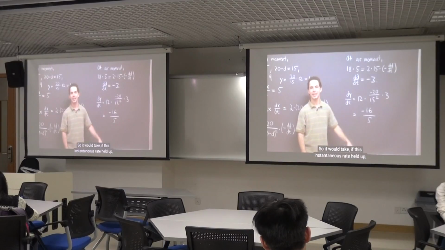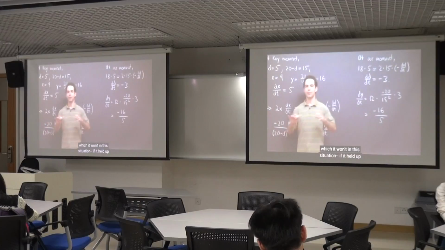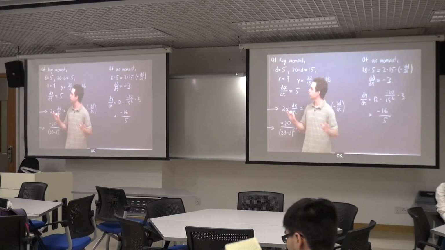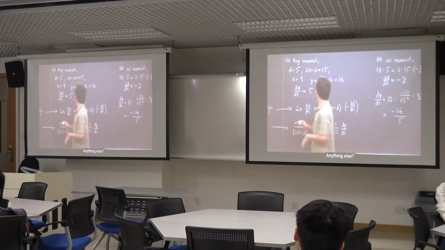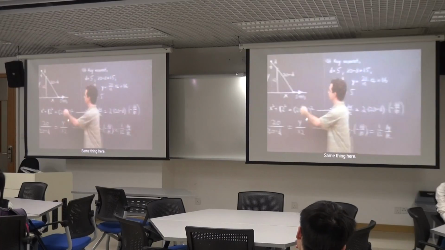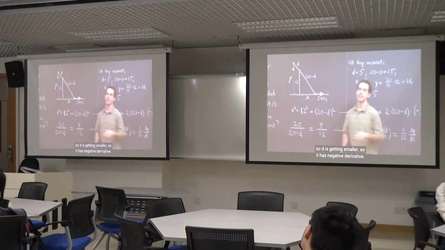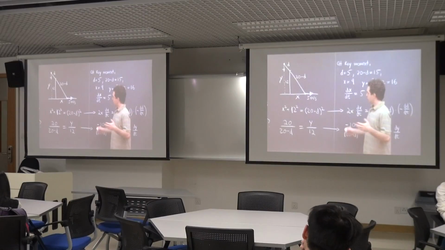If this instantaneous rate held up, which it won't in this situation, it would take 5 seconds to get down, so it's not falling very quickly. Okay, that seems about right. Anything else? Oh, we computed that dd/dt was also negative. Same thing here. When you pull this way, this length is going to shrink. So d is getting smaller, so it has a negative derivative.